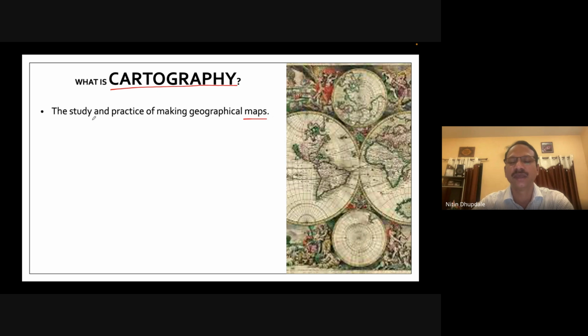Is it enough to just create maps? It's very impressive to make maps. When I studied at Johns Hopkins, I was highly impressed when my teacher showed how they make maps. But is that enough? Just creating maps is enough for us?